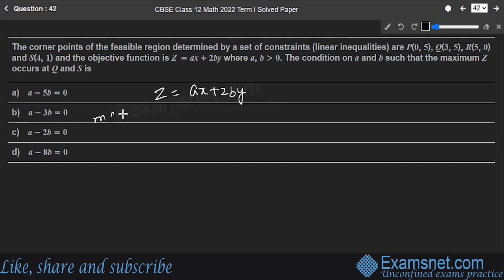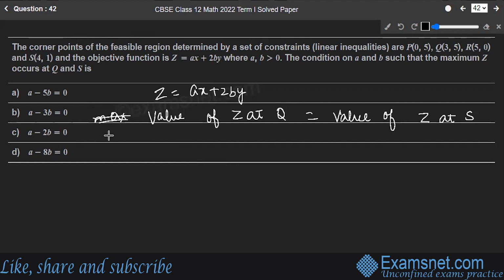The maximum value occurs at Q and S. So the maximum value of z at Q is equal to the value of z at S, because they are the maximum values, correct?